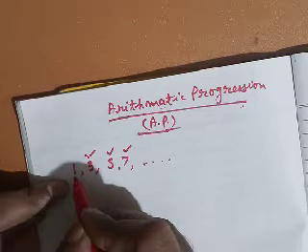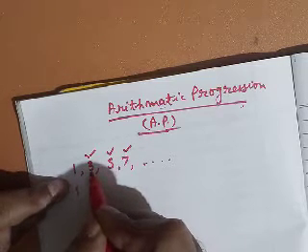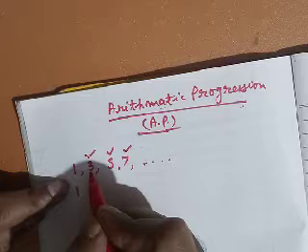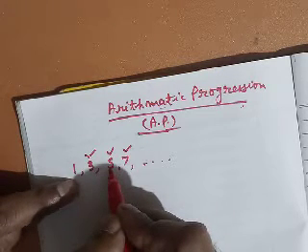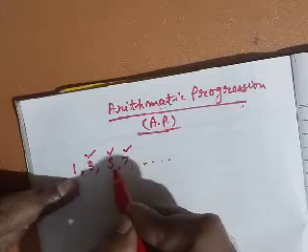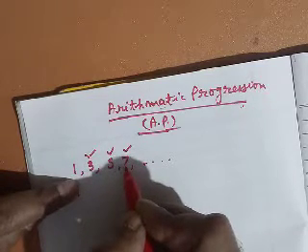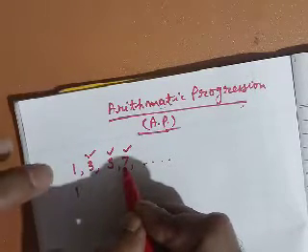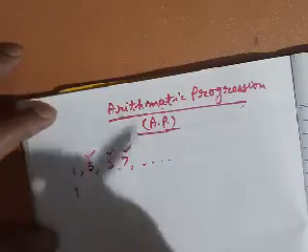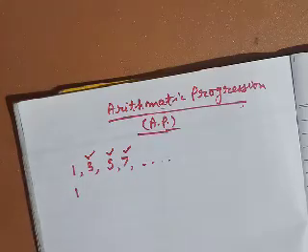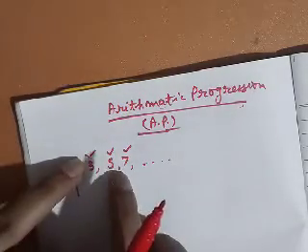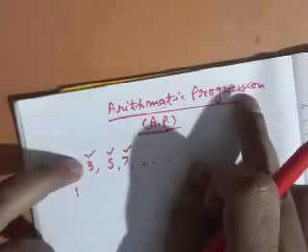We add 2 to 1, it becomes 3. We add 2 to 3, we get 5. And when we add 2 to 5, we get 7. Right? So if a series has a special property like that, it is called arithmetic progression.